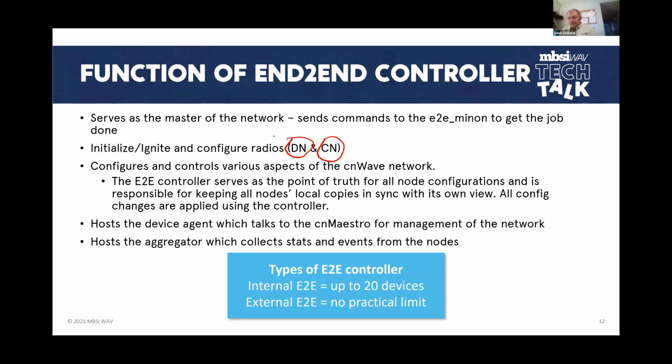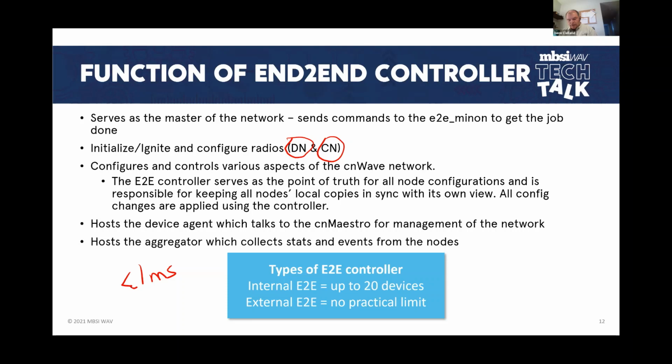So oftentimes as networks get to be more complicated, they need an end-to-end controller. And so the end-to-end controller looks after this mesh management. The typical latency across this network is less than 1 millisecond, right?